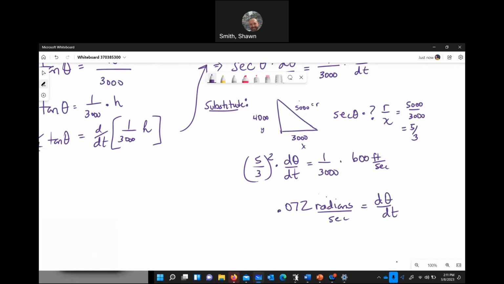In the real world, does that make any sense to anybody? Do you know what 0.072 radians looks like? Probably put it in degrees, it'll make a little bit more sense. So to change radians to degrees, multiply by 180 over pi.